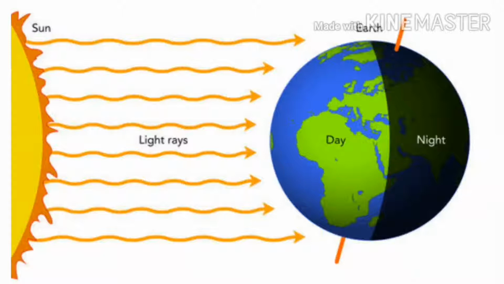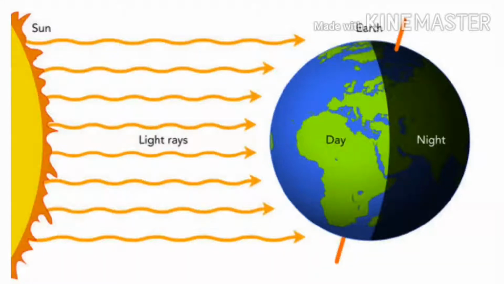So children, now tell me, which causes day and night? Yes, the movements of earth, which means rotation of the earth causes day and night. Now let's see effects of the earth rotation.